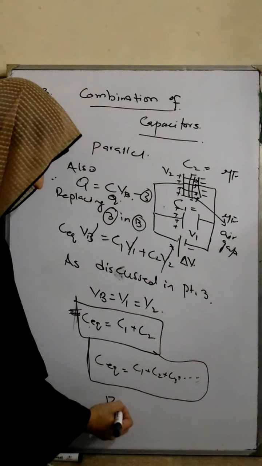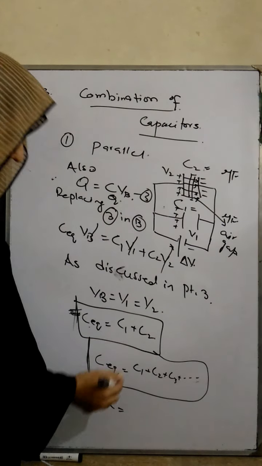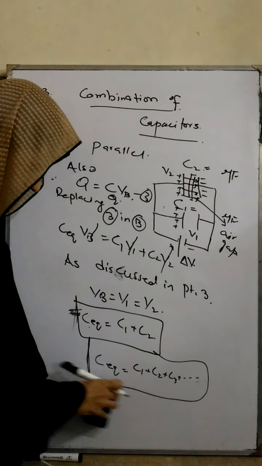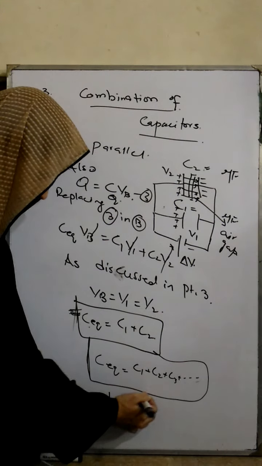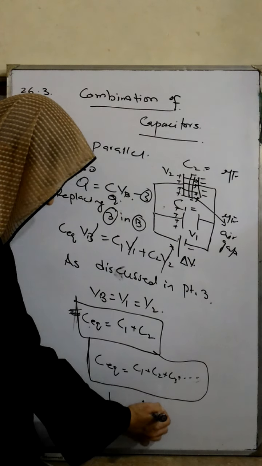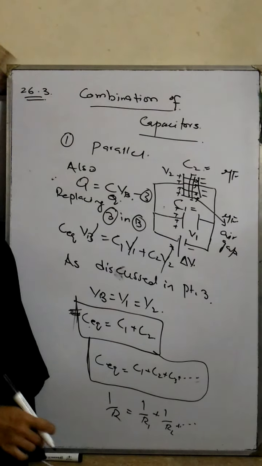If you remember, for resistance, when we have parallel combination, the equation was, it's opposite. 1 over R is equal to 1 over R1 plus 1 over R2 and so on.